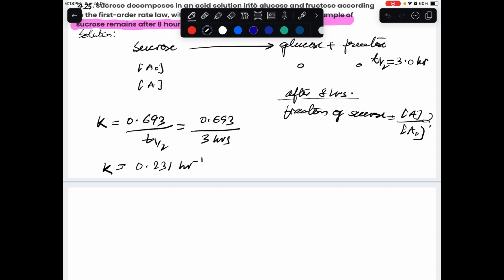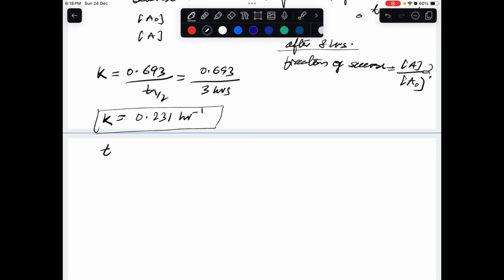This is the value of K, or the rate constant. Now we will use this equation for first order kinetics, that is time taken is equal to 2.303 divided by K log of A naught over A, initial concentration divided by concentration at a given time.